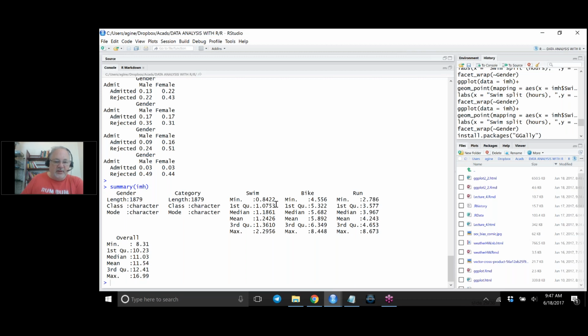So we could see how many men were in the bottom quartile, how many women were in the bottom quartile, how many men were in the second quartile, how many women were in the second quartile. And you could compare whether men and women swim as well as each other by comparing the counts. If men and women were equally good at swimming, you'd expect there to be about the same number of men and women in each category, and the chi-squared test will allow you to do that.